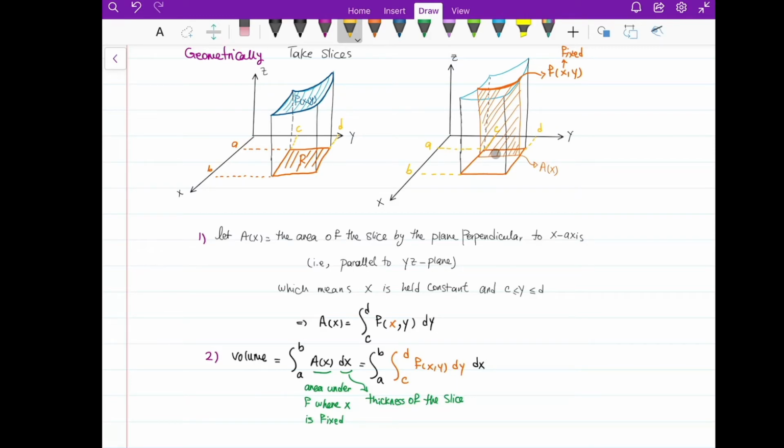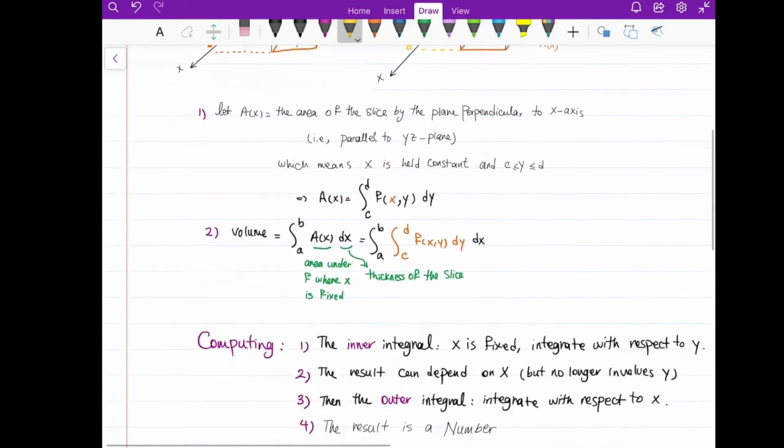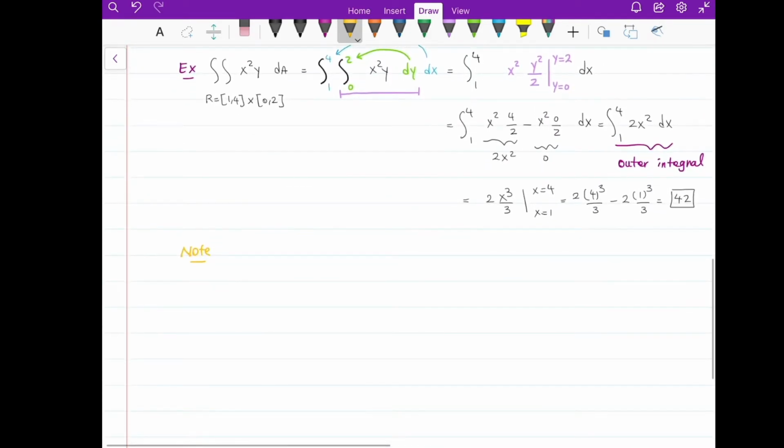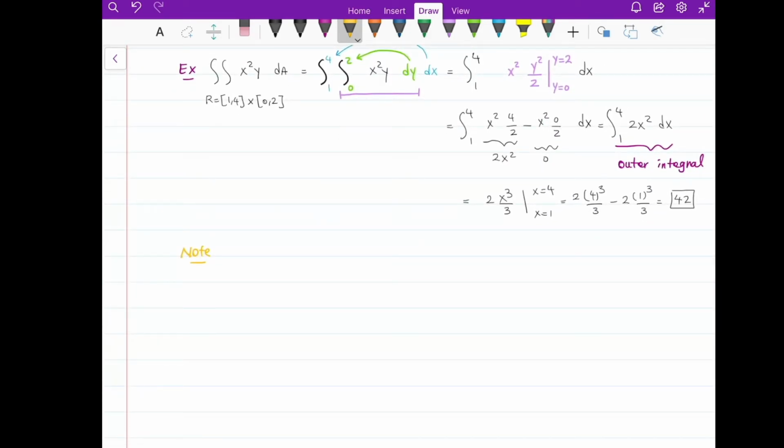And then your thickness would be like dy, right? So there is not much difference between taking the slices in x-axis or y-axis. So I can say we can also integrate in the other order.